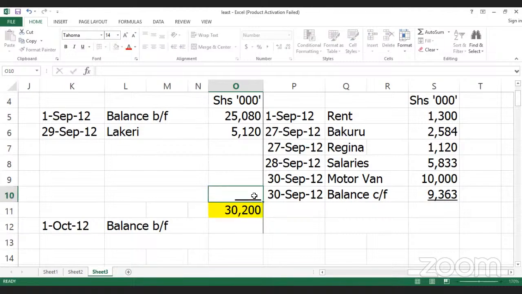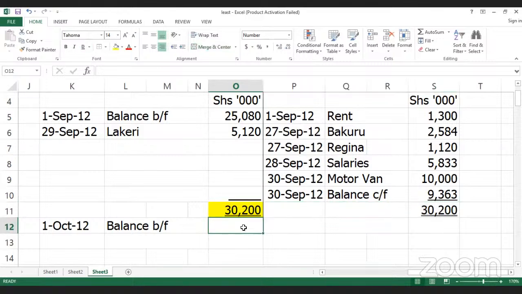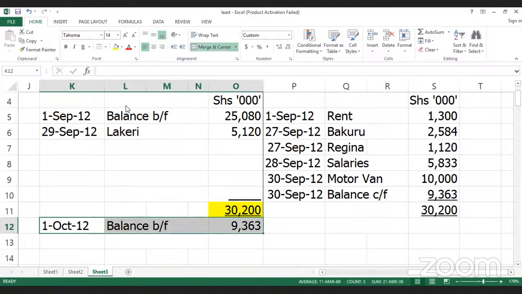Okay, it's there. Even here we should be having 30,200. These are the totals, so I can double underline them. Then the balance brought forward is how much? 9,363.